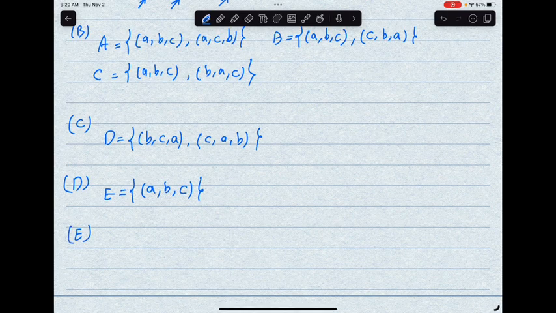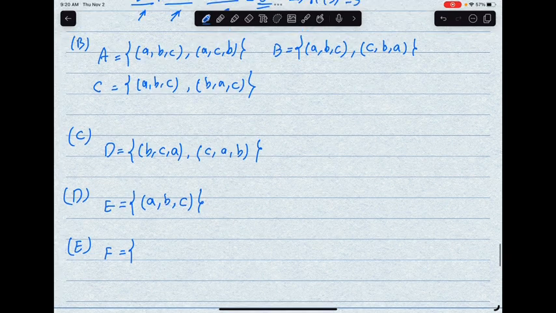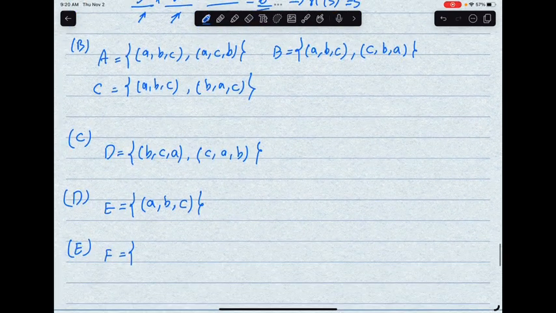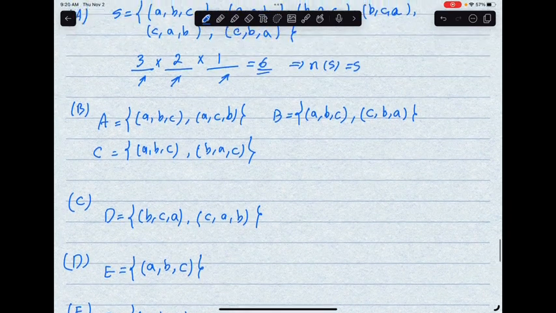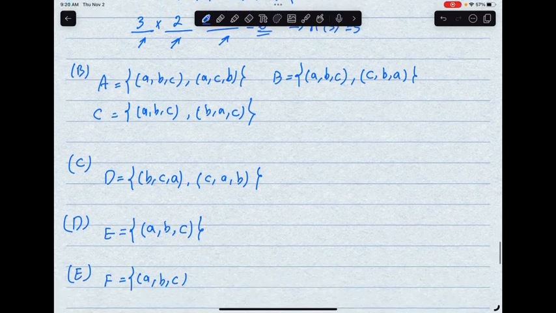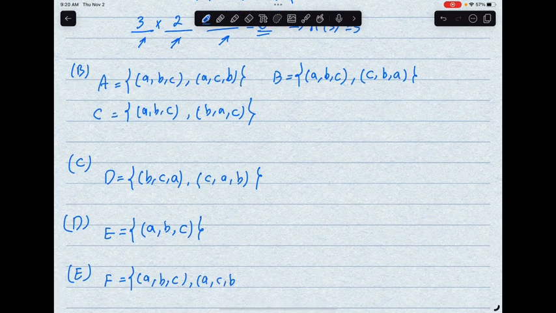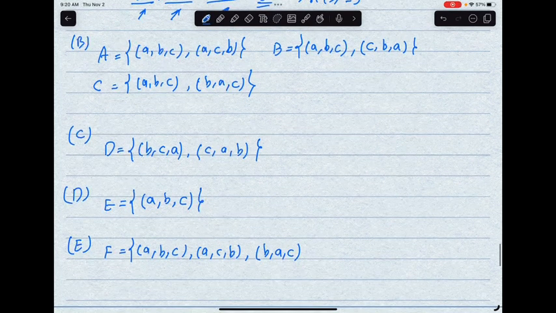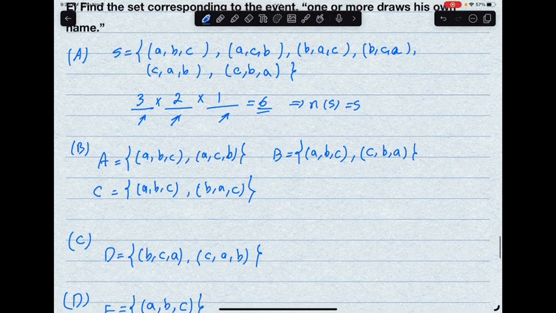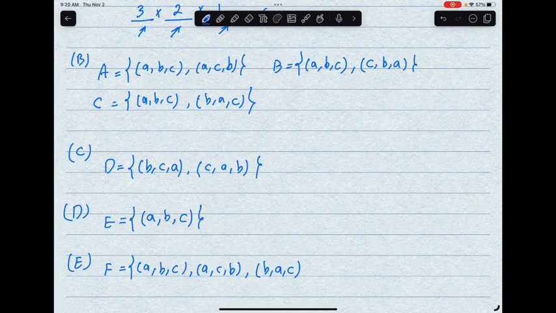So it's going to be set F. So it can be ABC, ACB, BAC, and BCA. BCA cannot be.